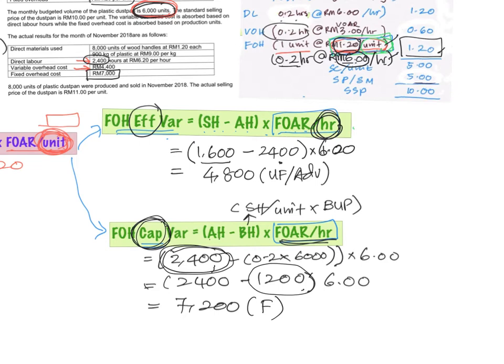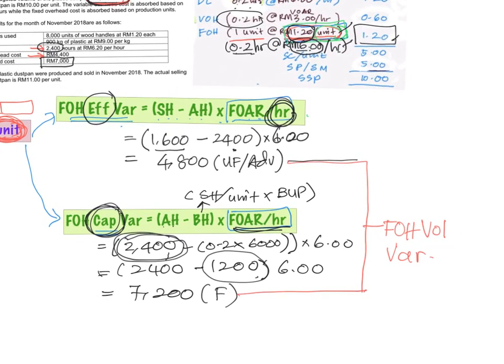Okay, so when you total up these two, you are going to get what we call fixed overhead volume variance. How much would the fixed overhead volume variance be?